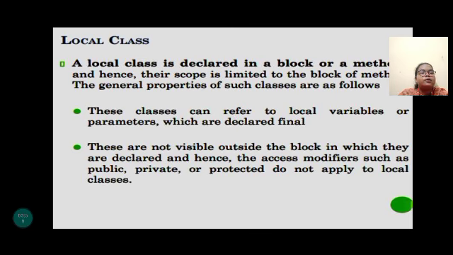These are not visible outside the block in which they are declared, and hence the access modifiers such as public, private or protected do not apply to local classes. In local classes, public, private, protected modifiers are not applicable, and these are not visible outside the block.